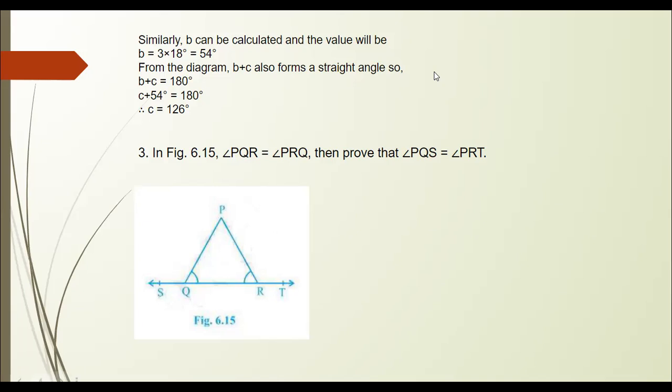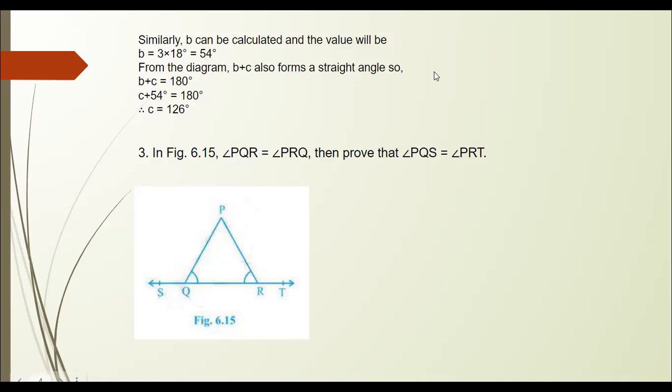See, if these two are equal, for example, if it is 60 degree, what will be PQS, children? Angle Q is equal to exterior angle S. If it is 60, it will be this. It is called linear pair of angles. Already you have studied, the sum of two angles will be 180.